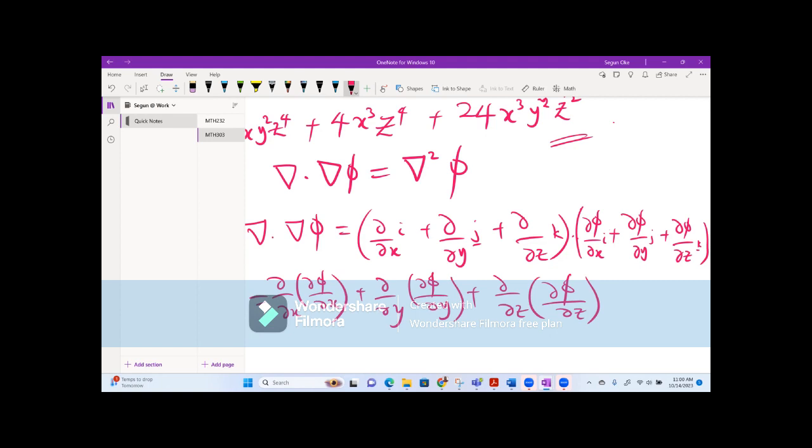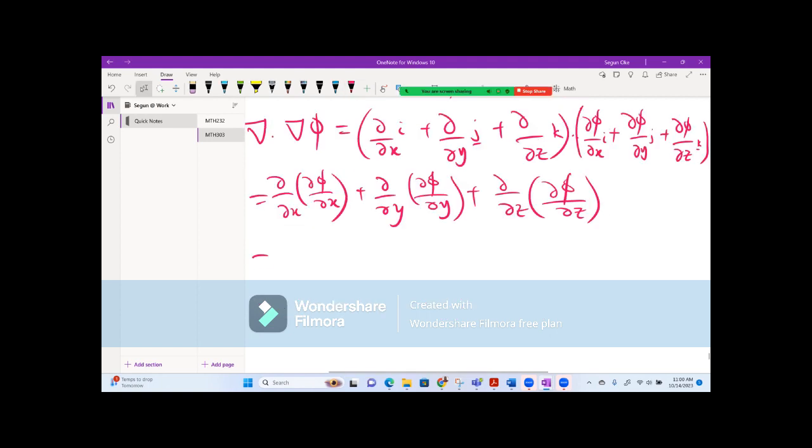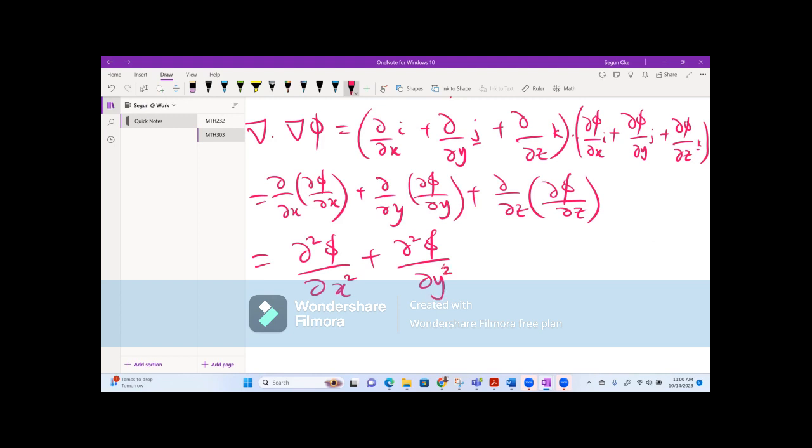So at the end of the day, we are proving it by saying it's going to be d squared phi over dx squared plus d squared phi over dy squared plus d squared phi over dz squared.